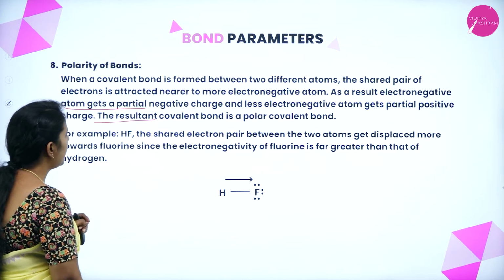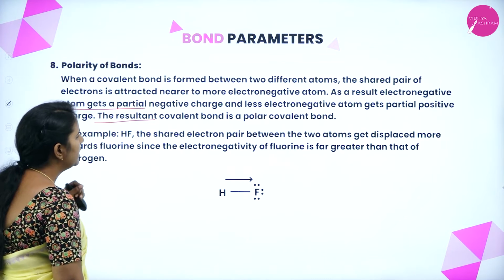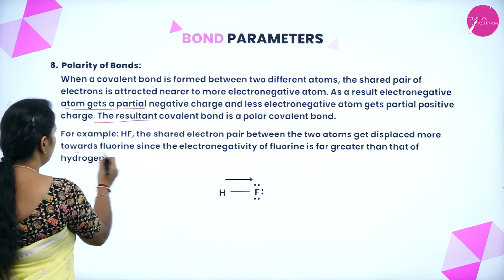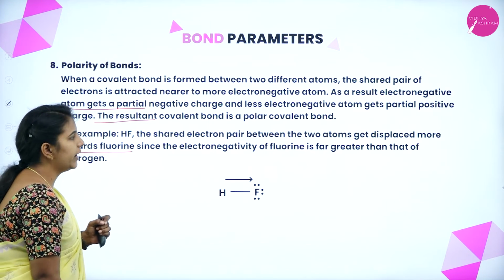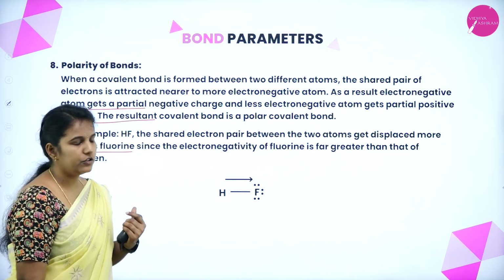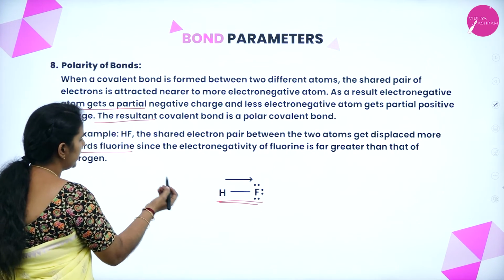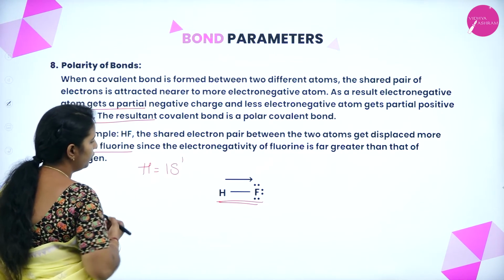Okay. Example, HF, hydrogen fluoride. It shares an electron pair between the two atoms, and the pair is displaced more towards fluorine because fluorine is more electronegative than hydrogen. Is it right? Hydrogen has a valency of 1.